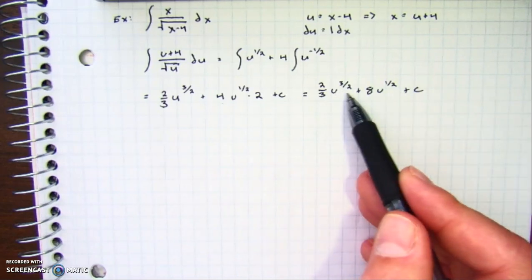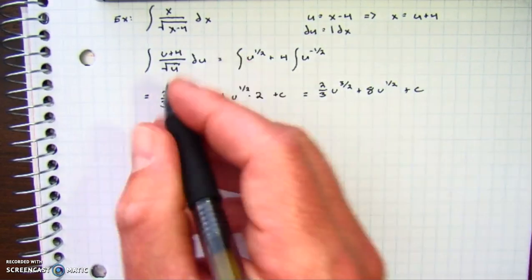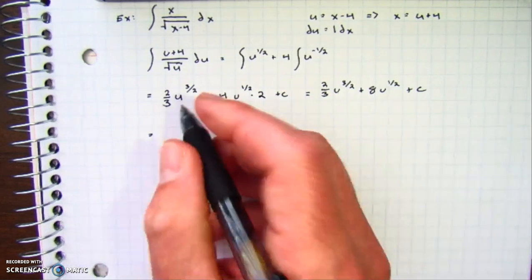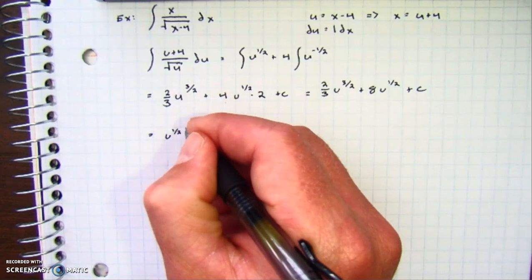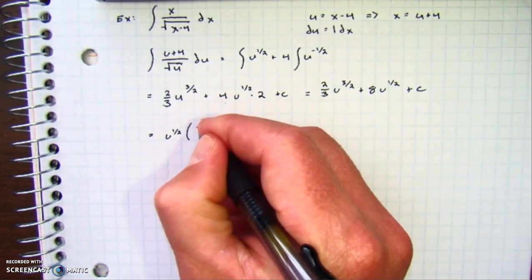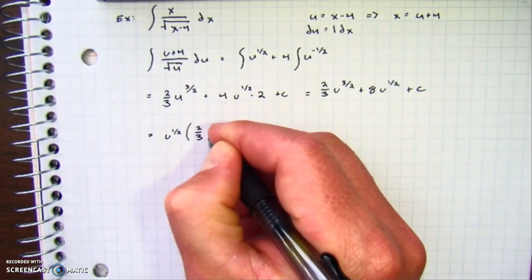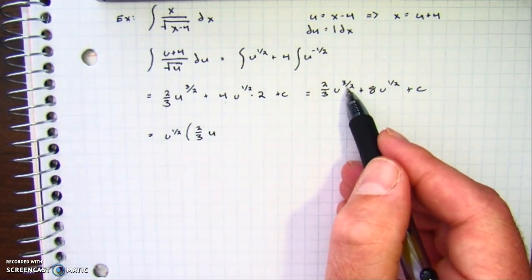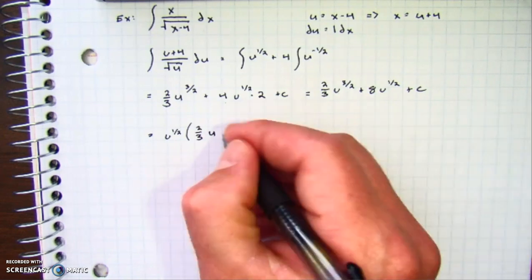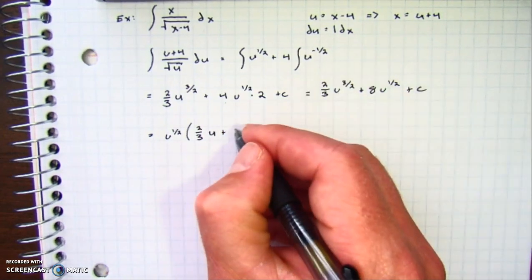I can factor a u to the 1/2 out of each of these. So I'm going to factor that u to the 1/2 out. So I've got u to the 1/2 times 2/3 u. u is u to the 1/2, so that's just minus a half. So that leaves me 2/3 u plus 8.